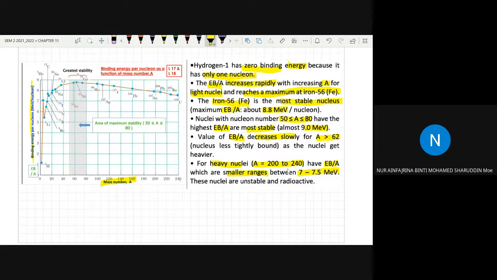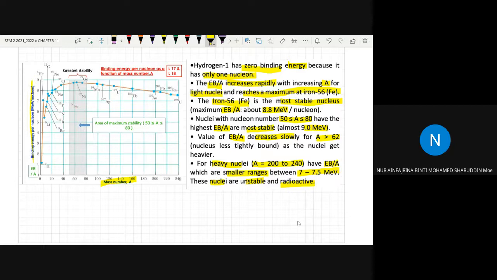And these nuclei are unstable and they are radioactive. Can? So if you guys look at the periodic table, you will see it keeps increasing one by one. So at 200 to 240, it is a smaller range and it is unstable and radioactive.